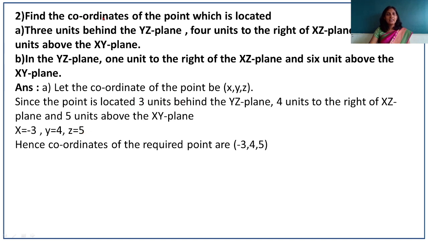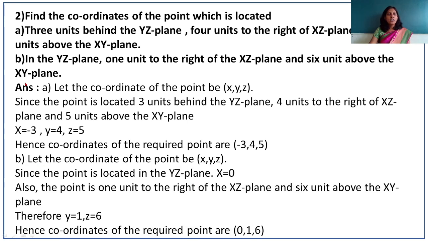Here behind the YZ plane, so it will be -3, and right of and above have a positive sign and behind has a negative sign. So coordinate of this point is (-3, 4, 5).